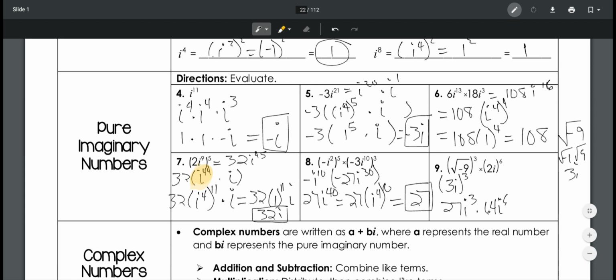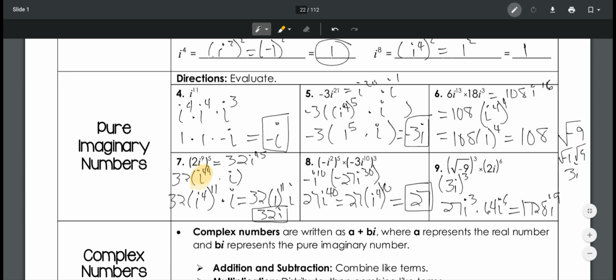Now, I'm going to multiply all that together, and that gives me 1,728 i to the 9th power. Now, since my power of i is odd, I know I'm either going to have i to the 1st or negative i to the 1st power. So I need to break that up.